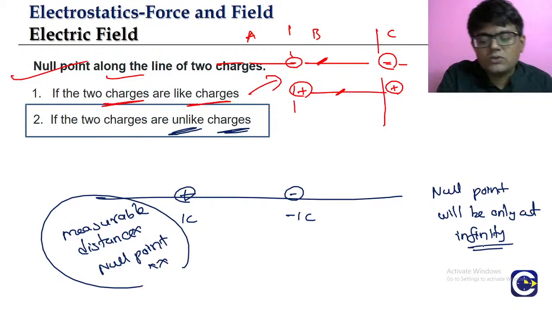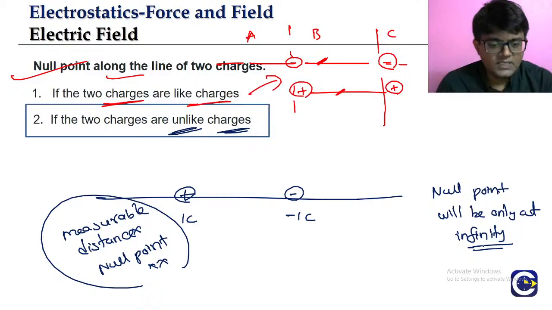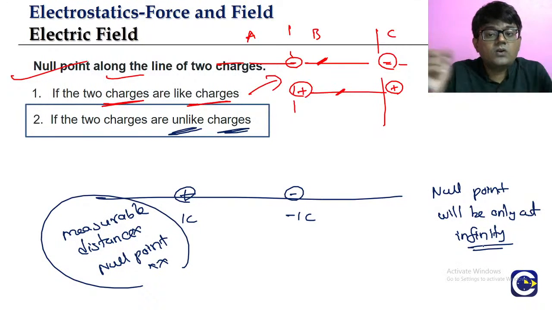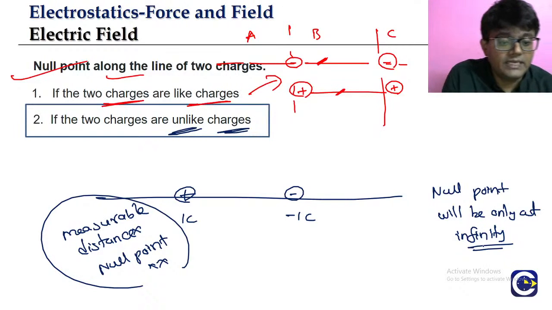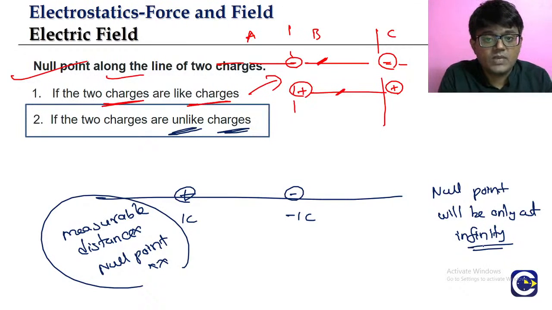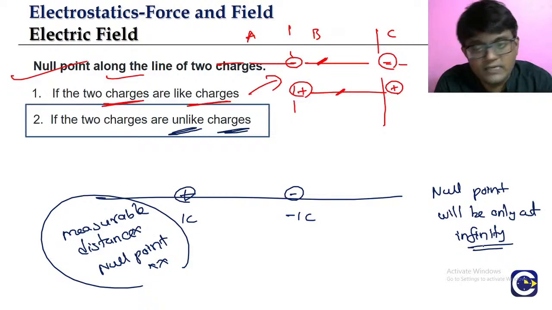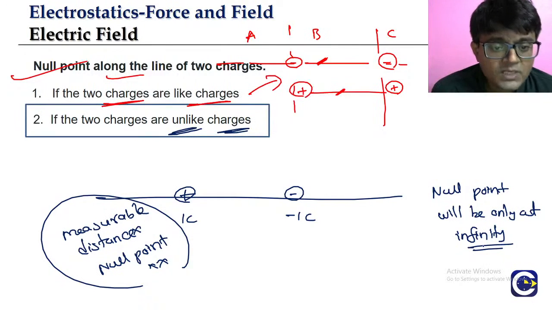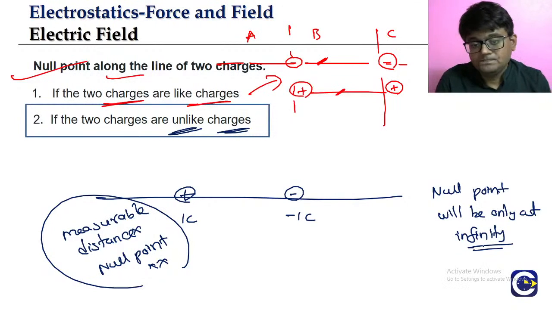If the two charges are unlike charges and of equal value, like 1 coulomb and minus 1 coulomb, then we are not going to get the null point at any measurable distance. So the null point will be only at infinity. Okay? So this is the idea of getting the null point due to unlike charges.